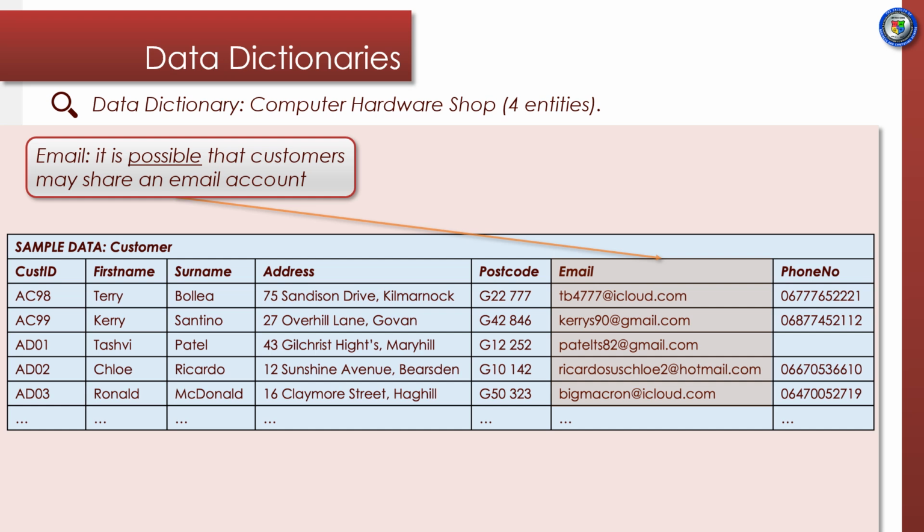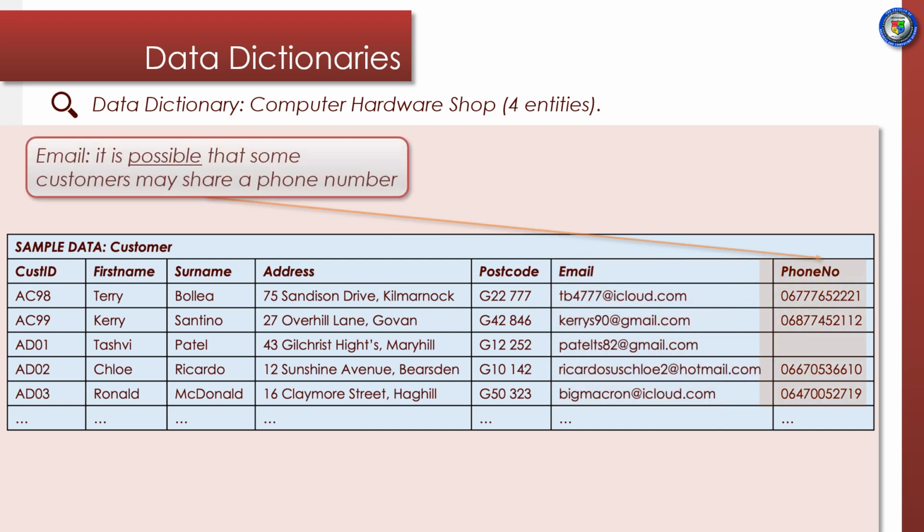A customer could possibly share an email address, even though emails are unique, though they can be shared. And customer telephone numbers could also be shared. So therefore, we think our customer ID is the perfect primary key.